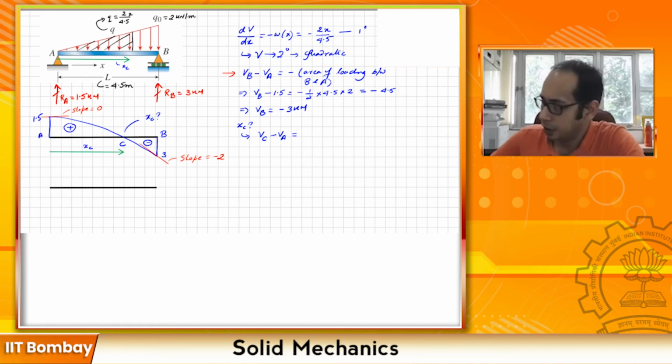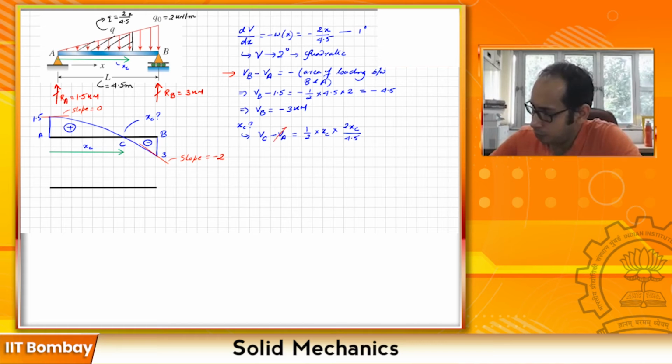So this is going to be equal to half base times the altitude, that is 2xc by 4.5, because the load is a linear function of x. Now here I already know the value of VA.